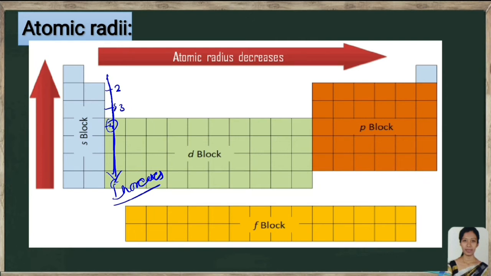As we go down the group, each element gets one extra orbit. That's why the atomic radii increase down the group. When we go upwards in the group, atomic radii decrease because of the removal of one atomic orbital. This is the actual periodic trend of the atomic radii.